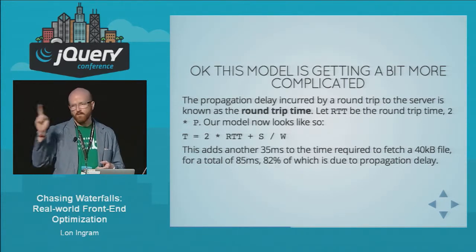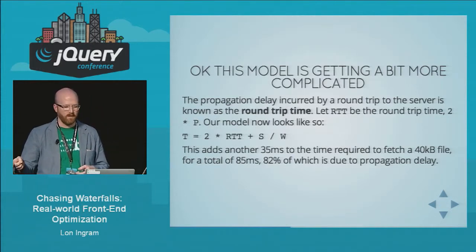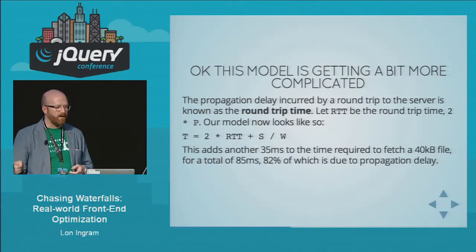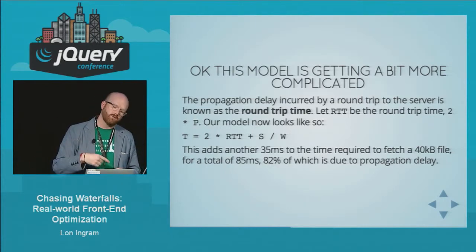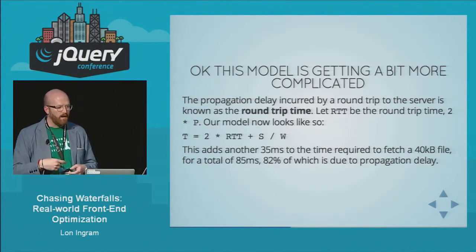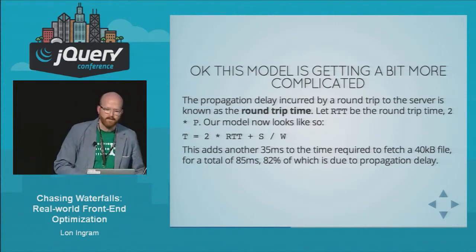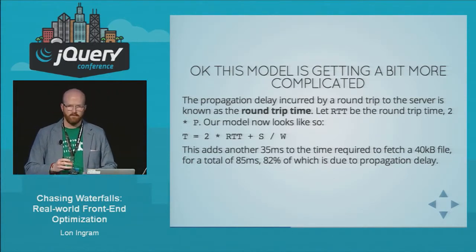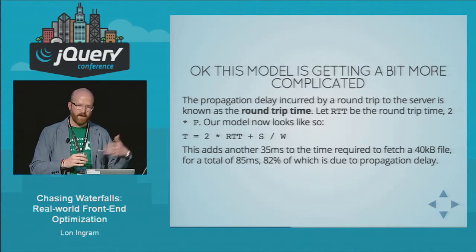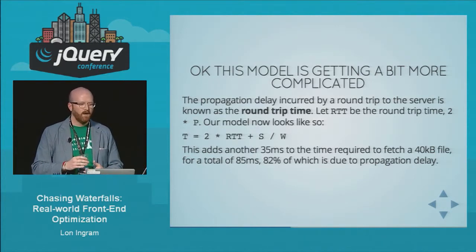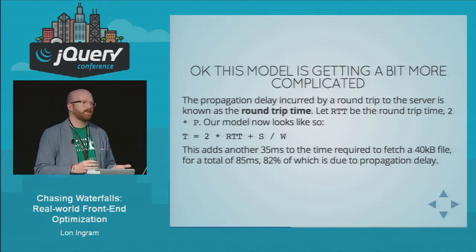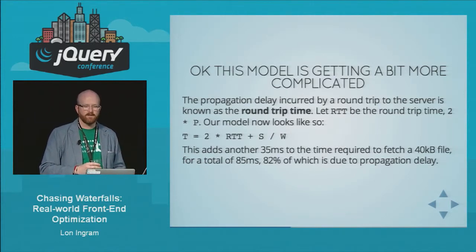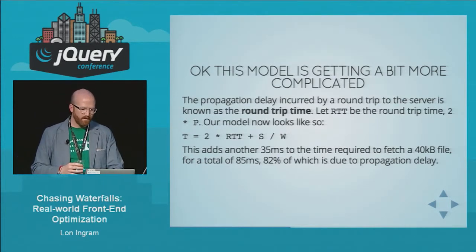We have 1 round trip to set up our TCP connection, and then another round trip to actually make the HTTP request and fetch it back to the browser. This adds another 35 milliseconds to the time it takes to fetch this stuff. A round trip is 35 milliseconds, so now 82% of the time it takes to fetch this file is due to propagation delay.